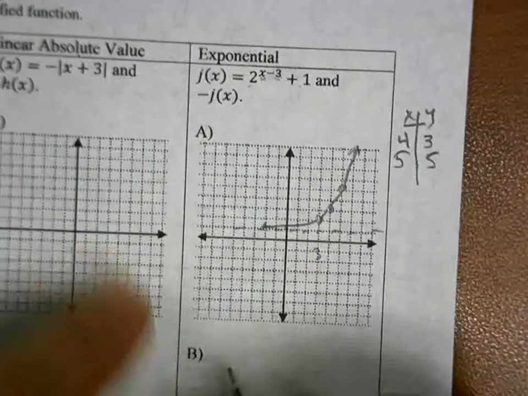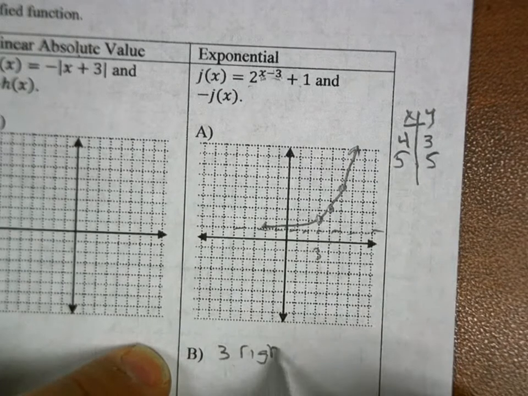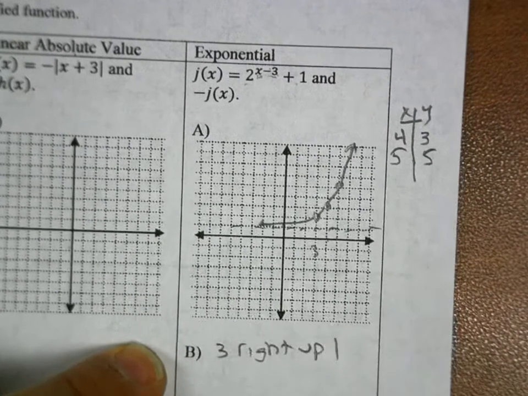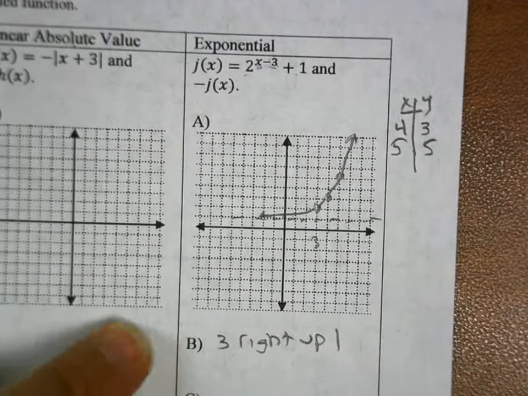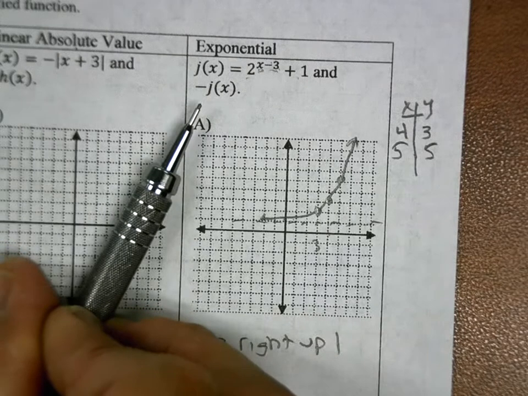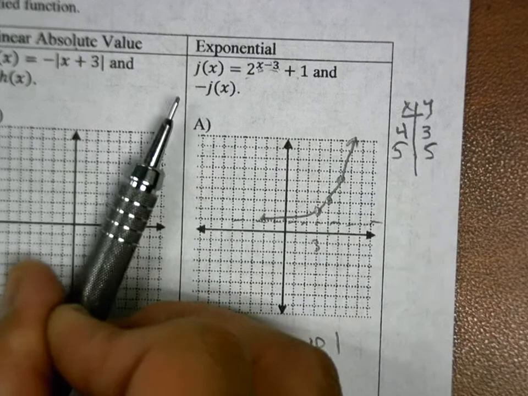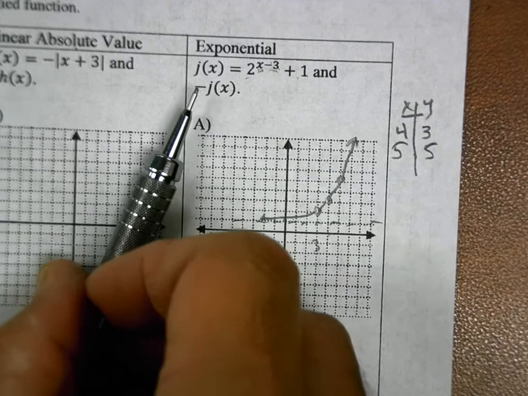Actually, let's do B. This shifted 3 to the right and up 1. Let's go ahead and reflect it over the x-axis. So how do we do this? Negative times whatever j of x. What do we do? It reflects over the x-axis.